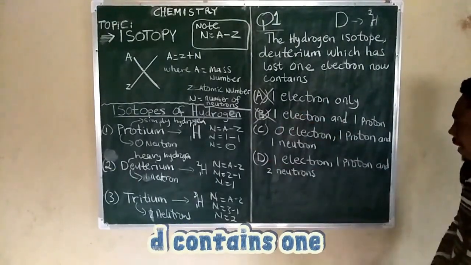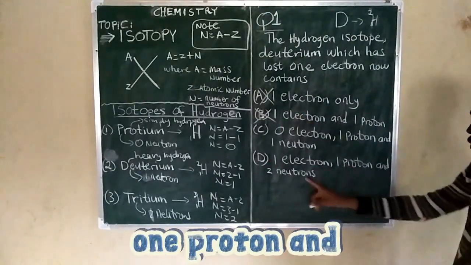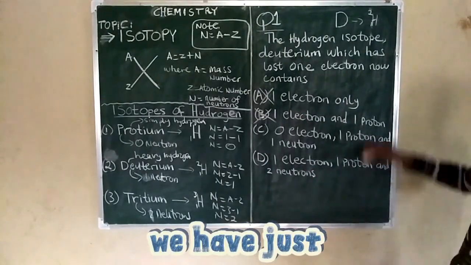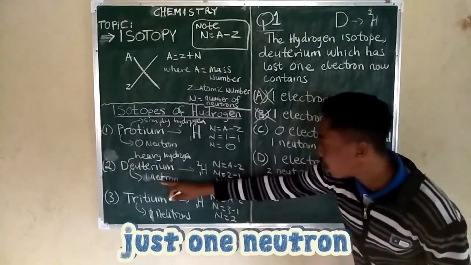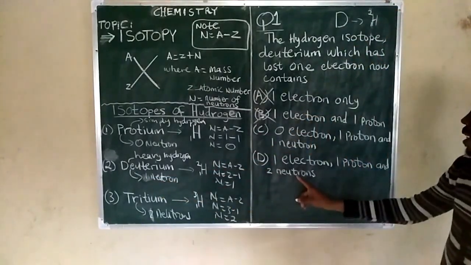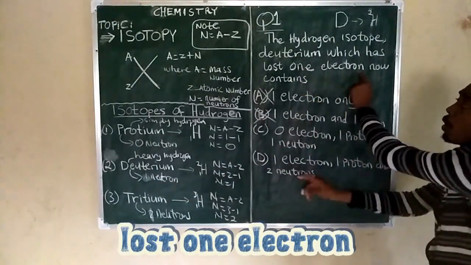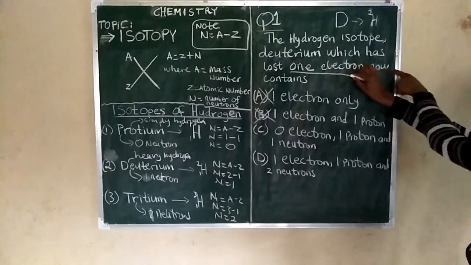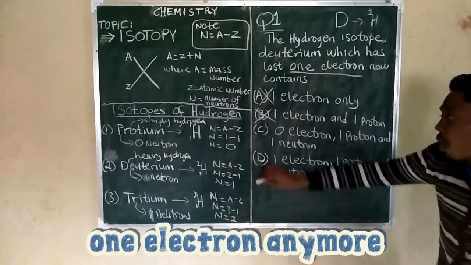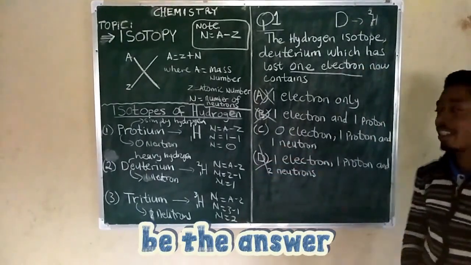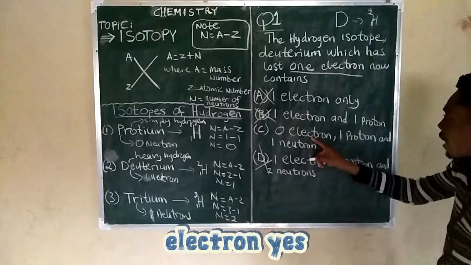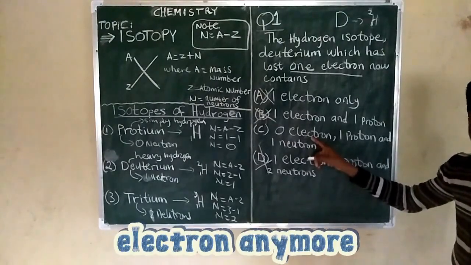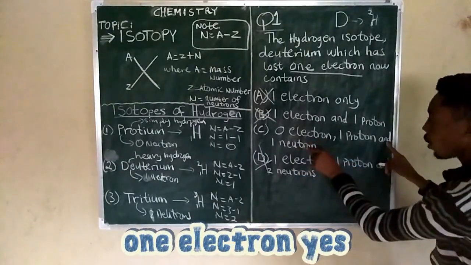If you look at option D, it contains 1 electron, 1 proton, and 2 neutrons. We have just calculated that it has just 1 neutron, so it can't be 2 neutrons. And since it lost 1 electron, it doesn't have 1 electron anymore. So D cannot be the answer. If you look at option C, it says 0 electron. Yes, it doesn't have an electron anymore. 1 neutron.